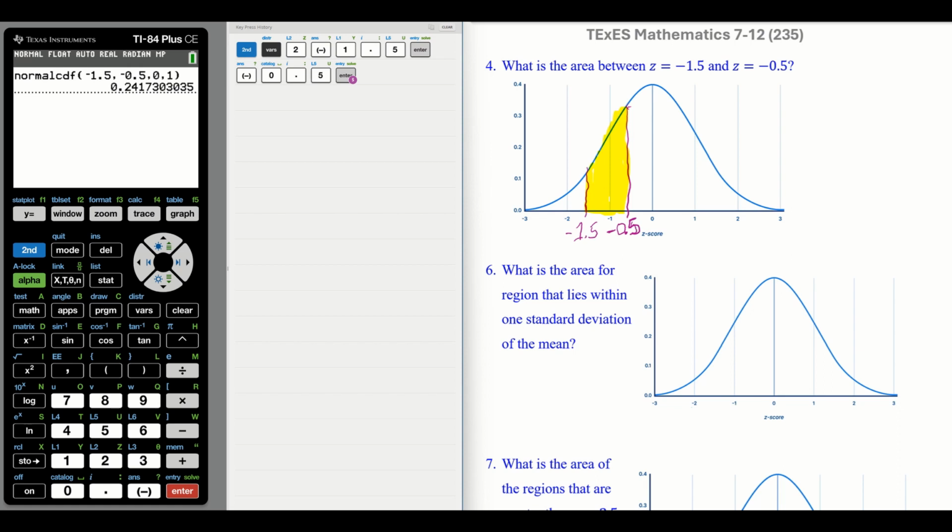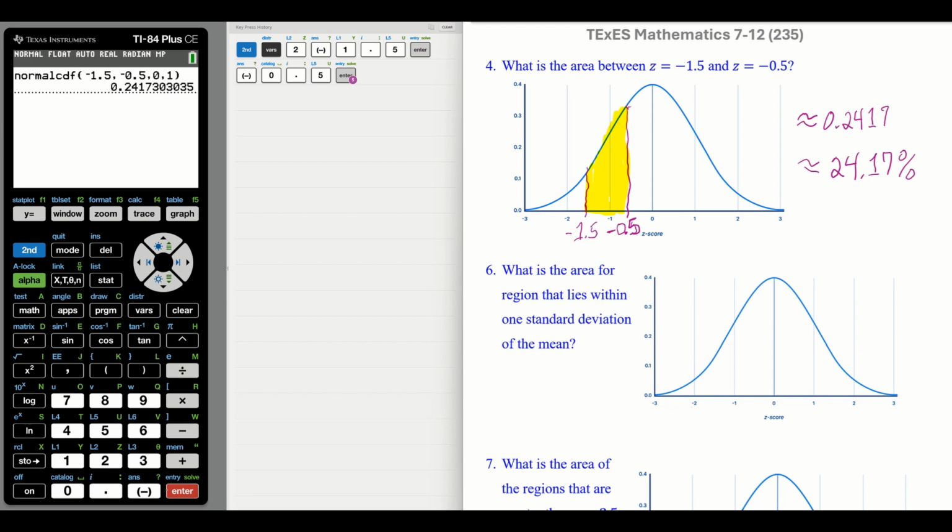And yes, that gets us roughly 0.2417, which can also be written as 24.17%.